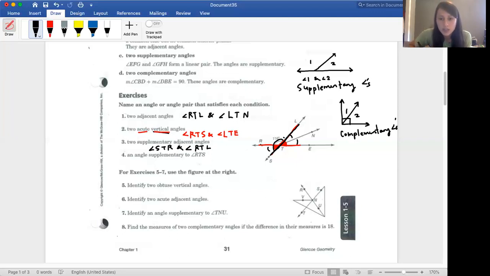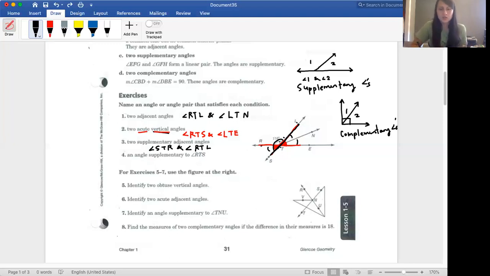I could also say RTL and LTE, because then that would be right here, and that would be supplementary or 180 degrees. I think those are the only two options for supplementary adjacent angles.